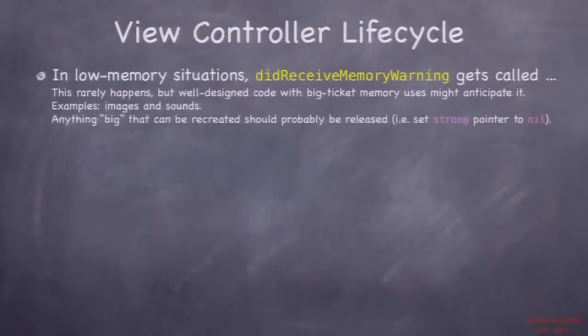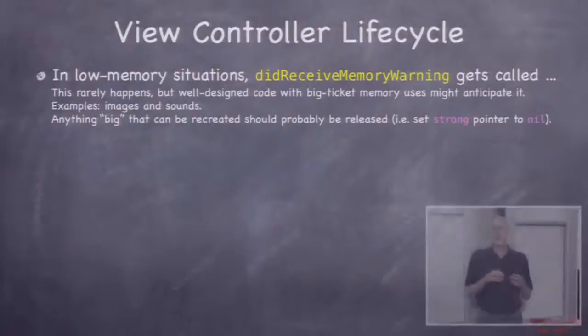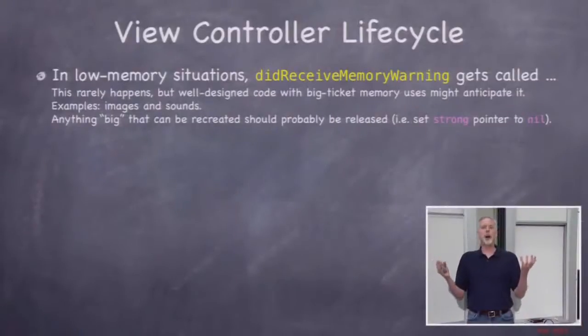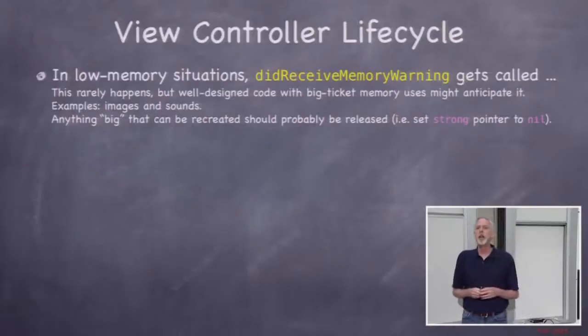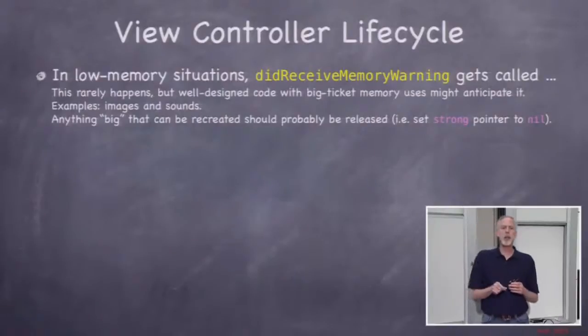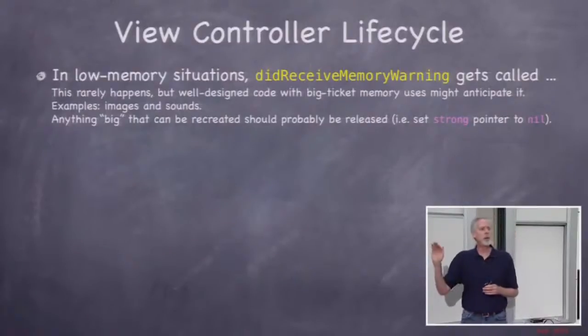In low memory situations, you're going to get this message to your view controller called didReceiveMemoryWarning. Low memory doesn't necessarily mean your app is using a lot of memory. It might be that all apps on the phone combined are using a lot of the memory and it needs some of it back, so it might be sending this to lots of applications. It's completely up to the system to decide whether it wants to generate this warning. And your only responsibility when you get this is to try and free up memory.